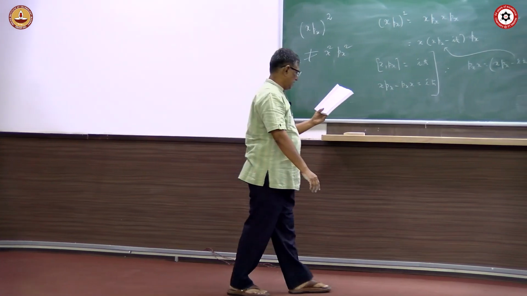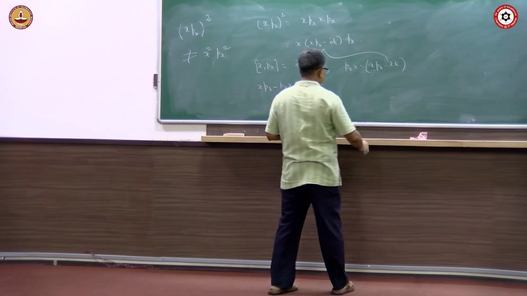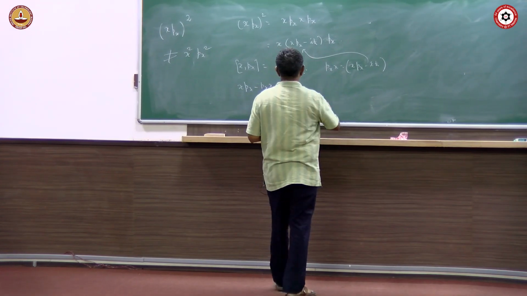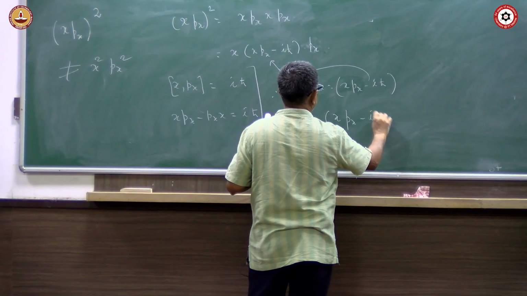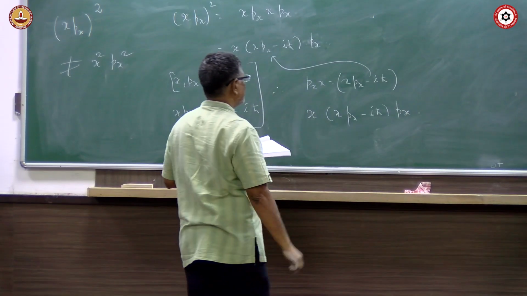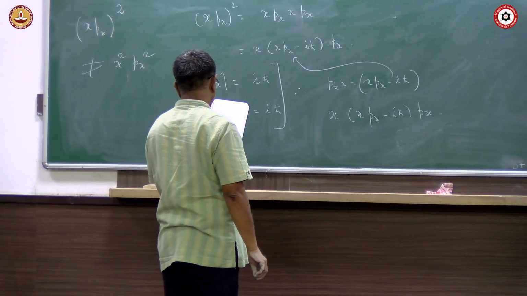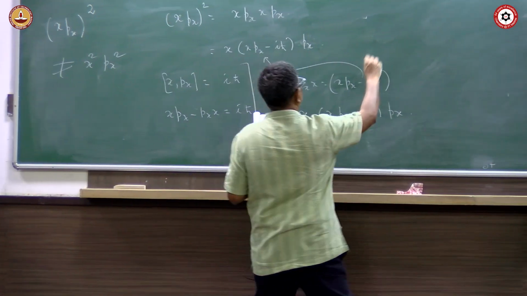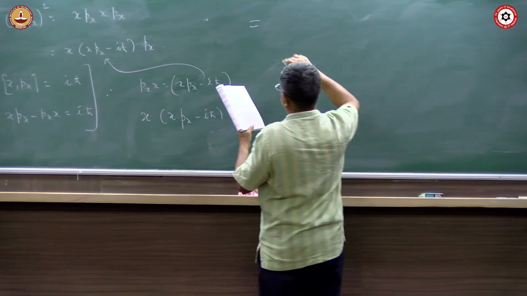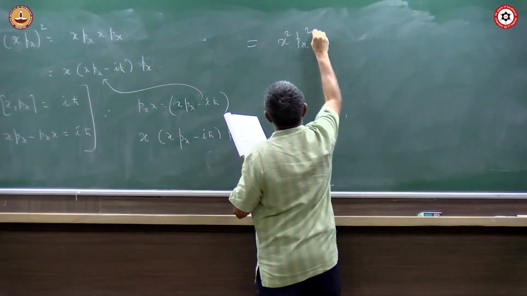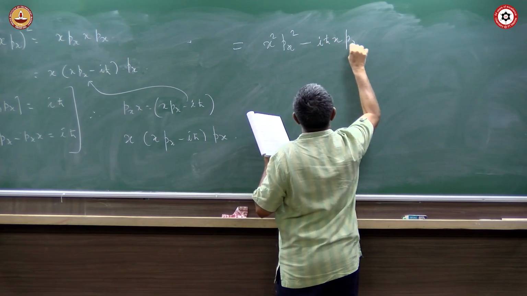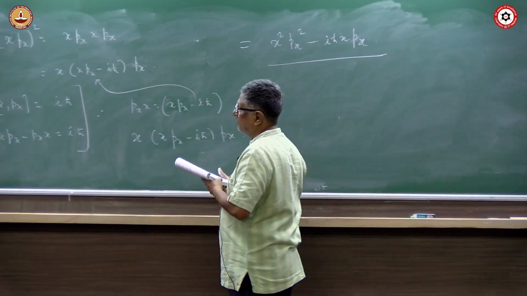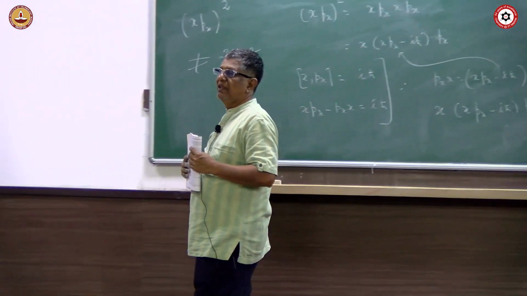So what's the answer? So this is x times (x p_x minus iħ) p_x. I will write only the final answer. You work out the algebra. x square p_x square minus iħ x p_x. That's the final answer. You have to work out.